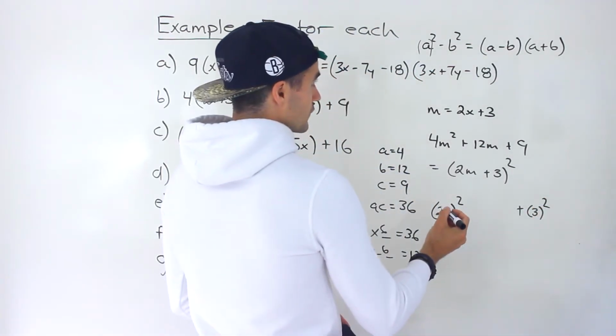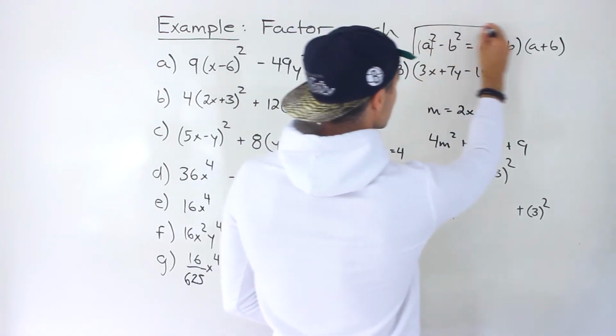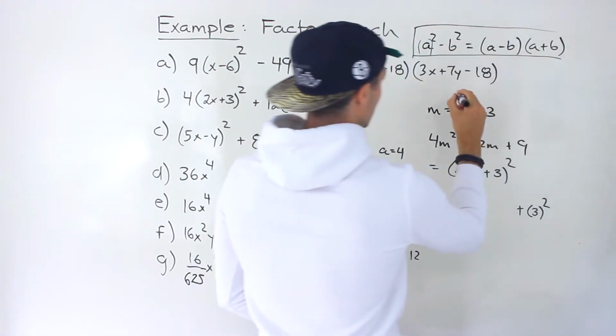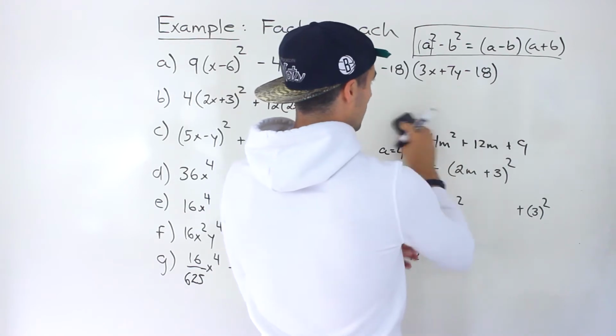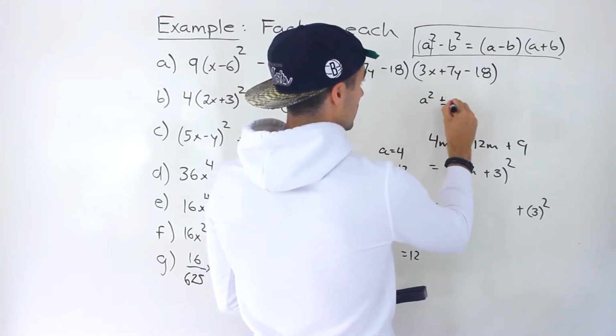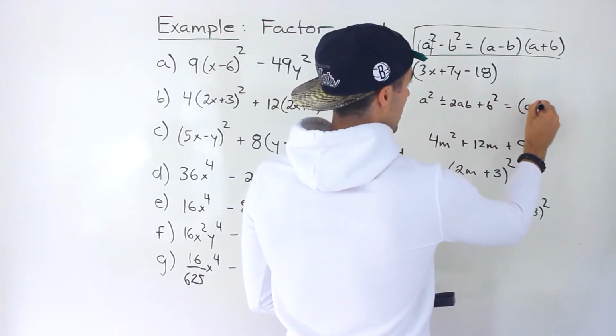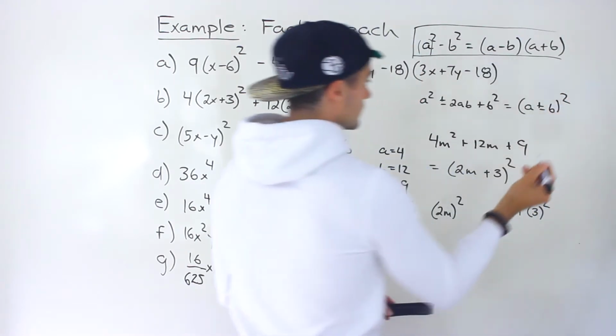And remember, with a perfect square trinomial, let me sort of single out these formulas. So I'll write the perfect square trinomial formula here. That's going to factor into a plus or minus b squared, like that.